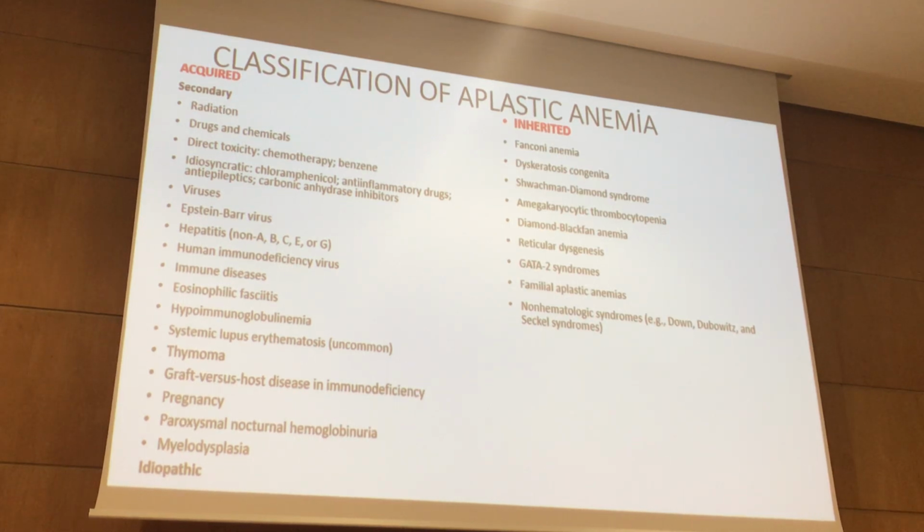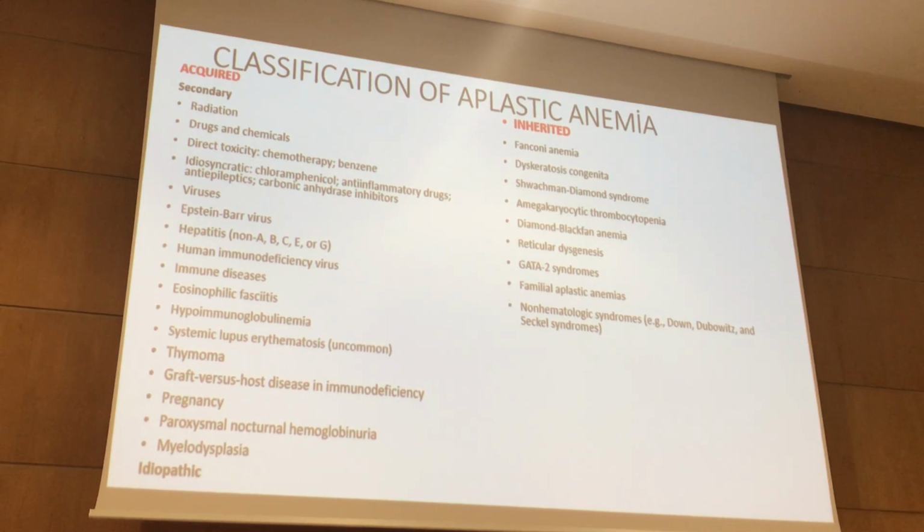I told you that it can be acquired or inherited. Acquired can be due to different factors. It can either be idiopathic, which is at the bottom of this table, or it can be secondary to different agents, mainly infections, chemical agents including drugs, or immune attacks, which are most common.